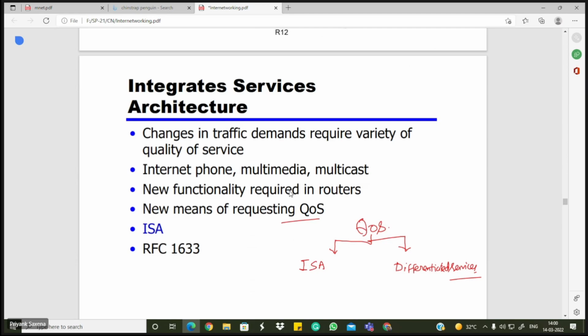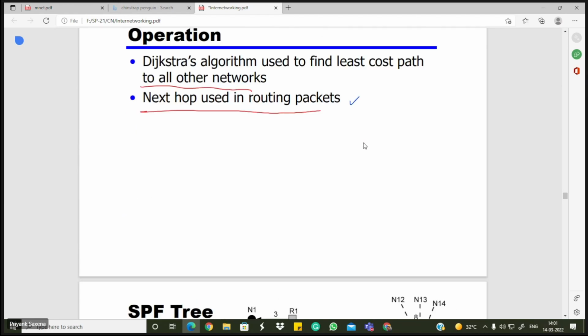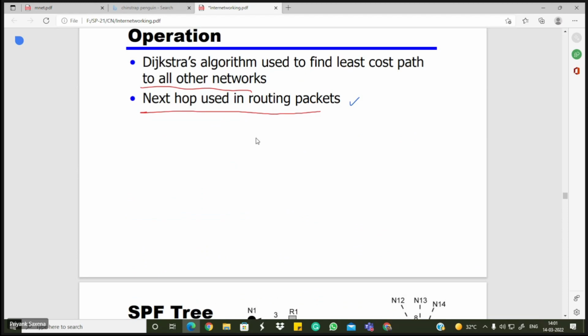this link state routing. There is another protocol that is based on, I can say, interior routing protocols. Interior routing protocols are two: distance vector and link state.